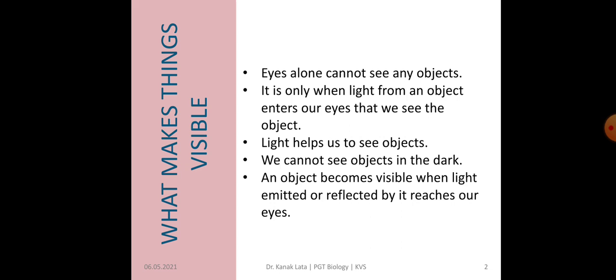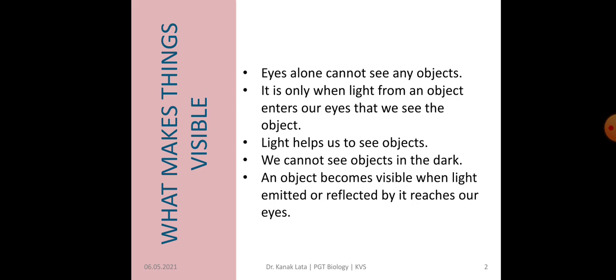The answer will be no. Thus, eyes alone cannot see any objects. It is only when light from an object enters your eyes that we see the objects. It means that light helps us to see objects and we cannot see objects in the dark.